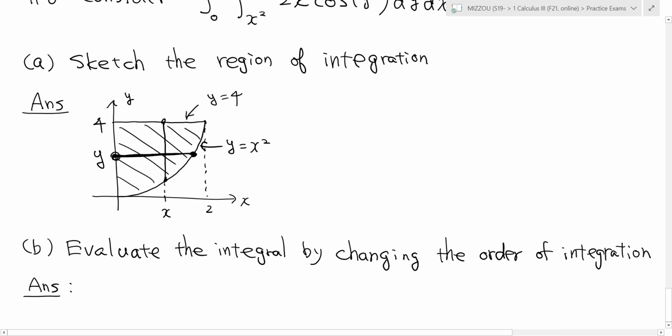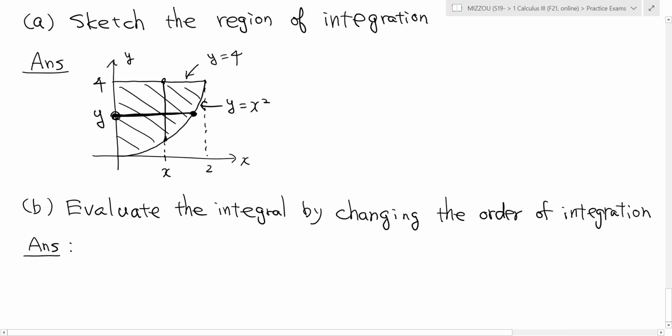Now, for each fixed x, your y value is from what to what? I'm sorry, no, the other way around. For each y, your x value is from what to what? The x value is from 0, the y-axis, to the parabola. To get that, you have to solve for x. x is equal to root y on the positive side.